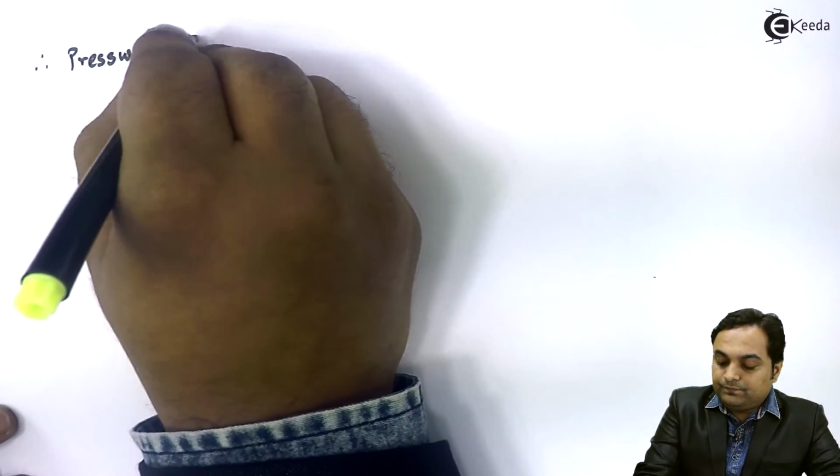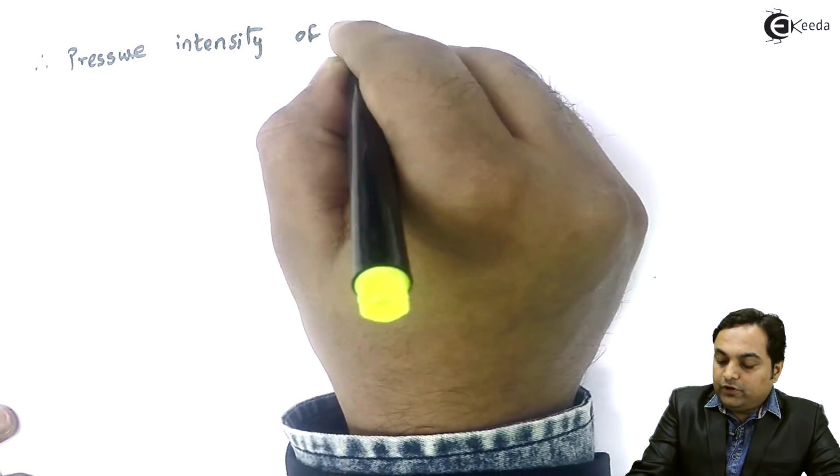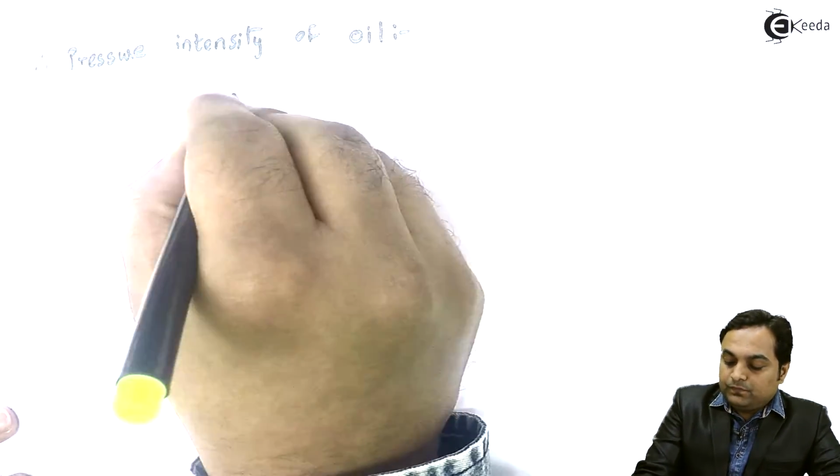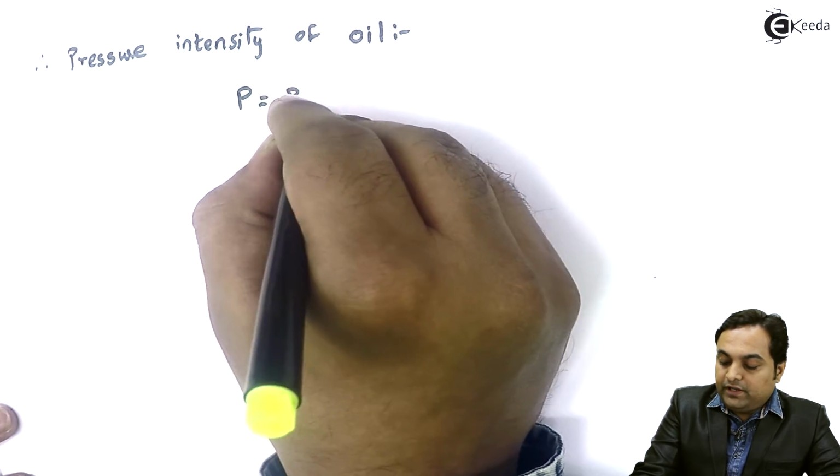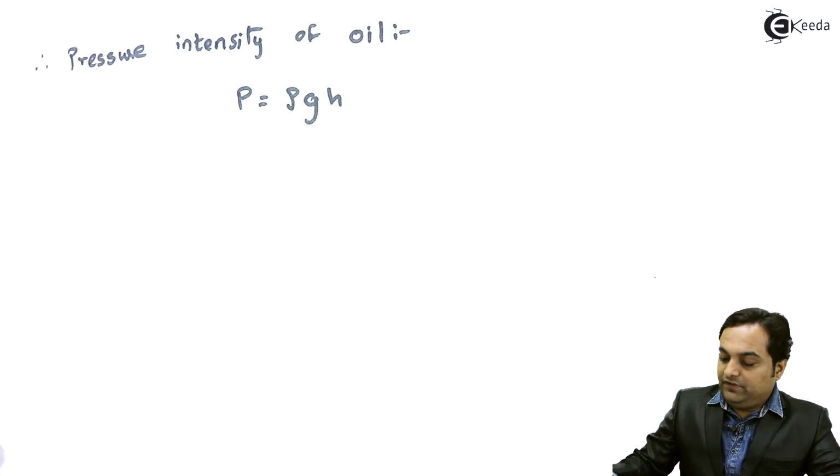Now after this I'll say that therefore pressure intensity of oil P will be equal to, again, rho g into H, the formula will remain same.